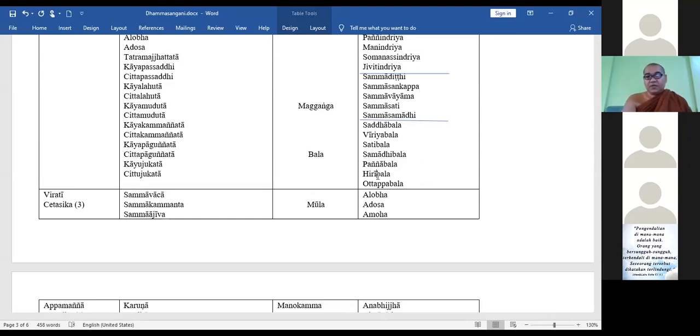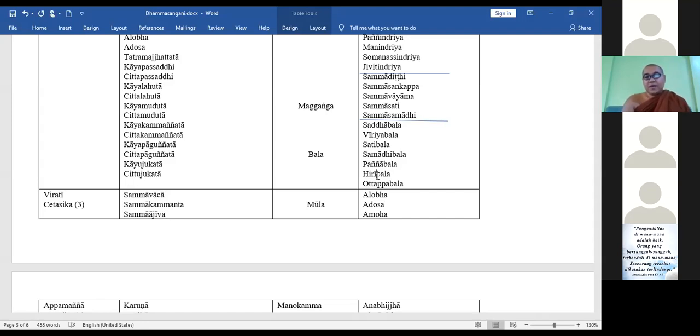Without Hiri and Ottappa, there would be no difference between the human world and the animal world. So that's why Hiri and Ottappa draw a very clear line between human existence and animal existence. Without Hiri and Ottappa, there would be a lot of chaos, a lot of problems in the world.